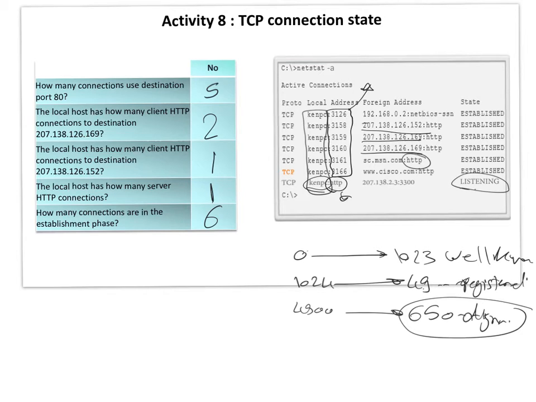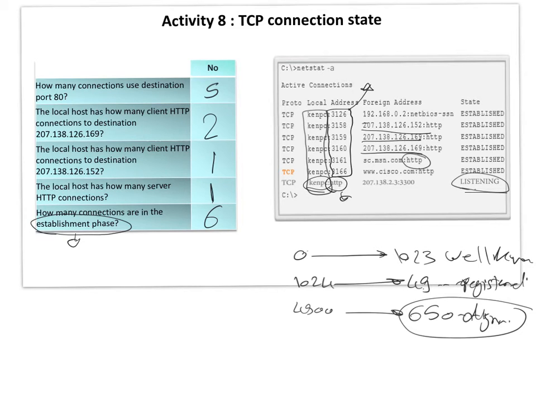The next one, how many connections are in the establishment phase? That means in the established connections phase. No, that are going to be established, not established. Right? Establishment means it's a phase to go to establish. Yeah, the wording is not correct. Yeah, if in the establishment phase, then they're going to be established. In that case it's 1, which means that actually it's 0, because this one is listening, so the connection is not actually starting yet.